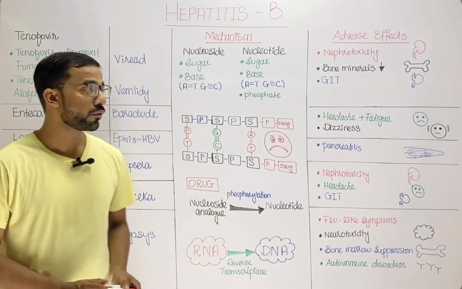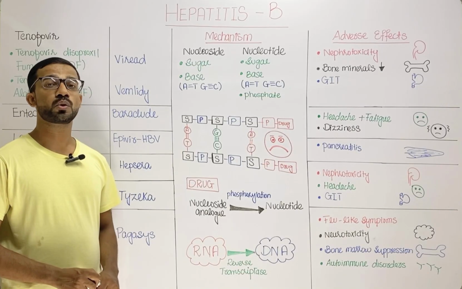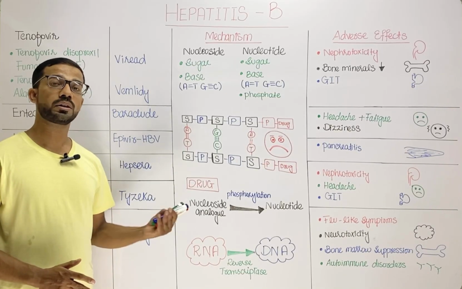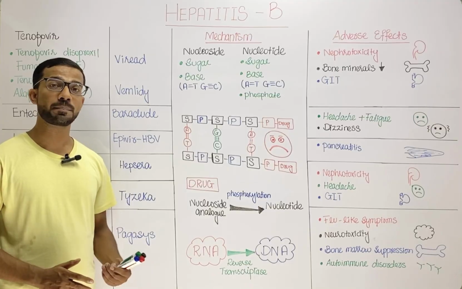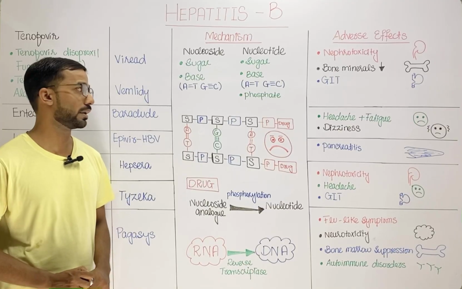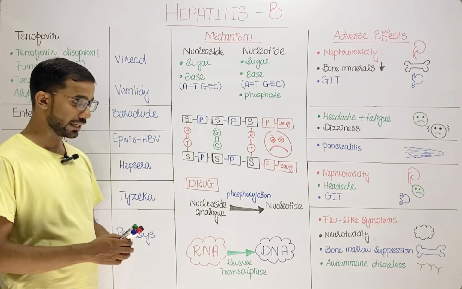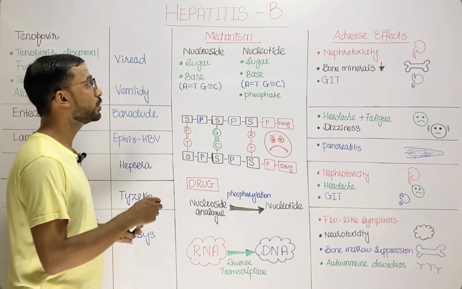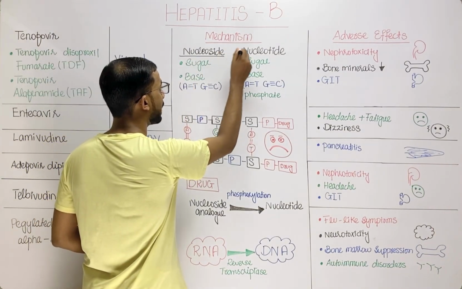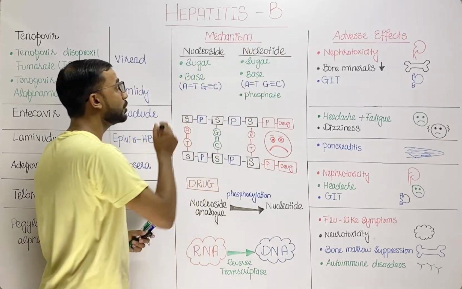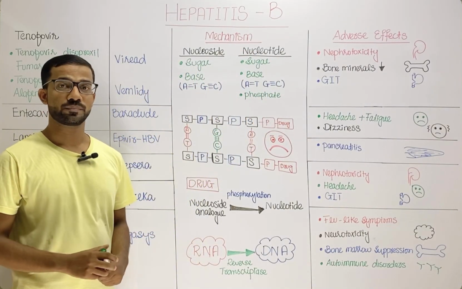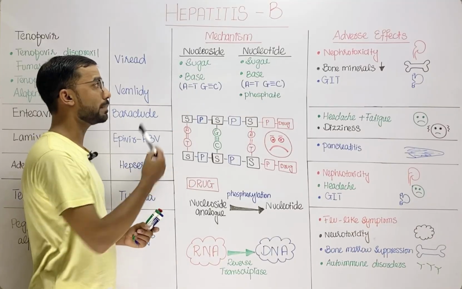First of all, we will discuss the mechanism of the nucleoside analogs. All drugs are nucleoside analogs except PEG interferon alpha. First of all, we will see the difference between the nucleoside and the nucleotide. Nucleoside. In the DNA, you will see sugar and the base.